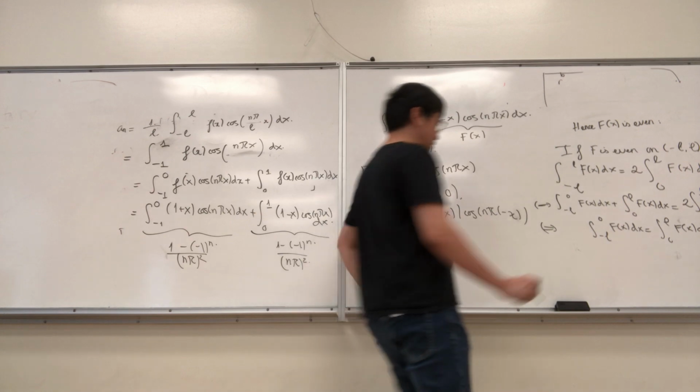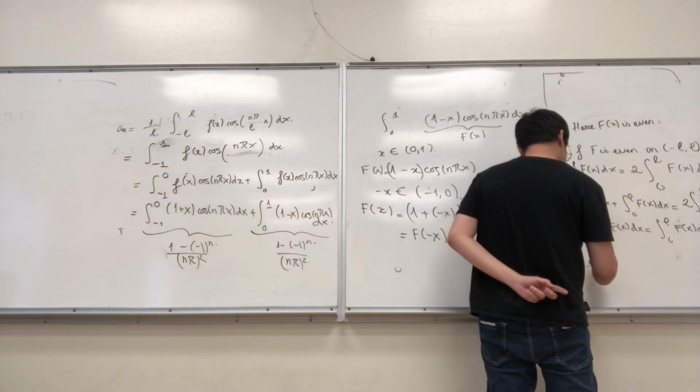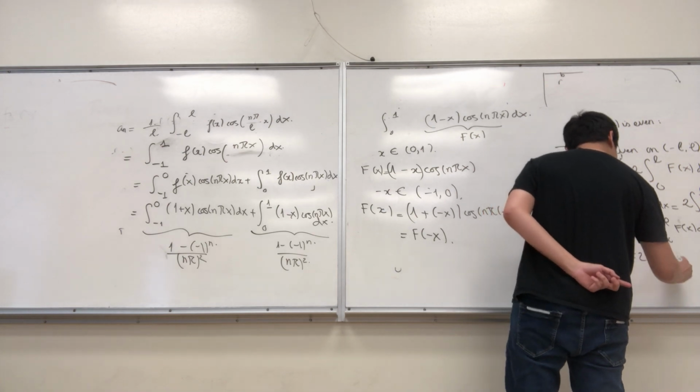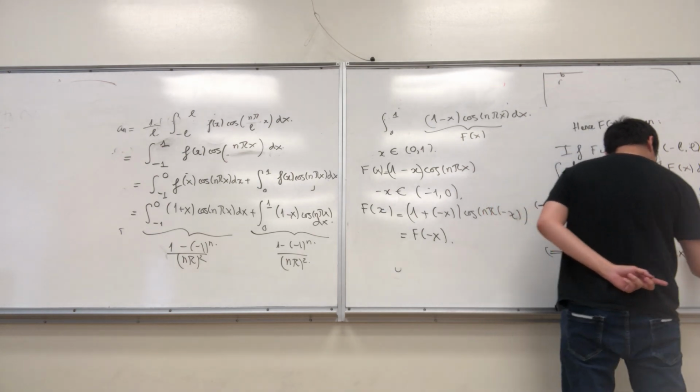So which means that the integral from minus L to L of f(x) dx is 2 times the integral from minus L to 0 of f(x) dx.